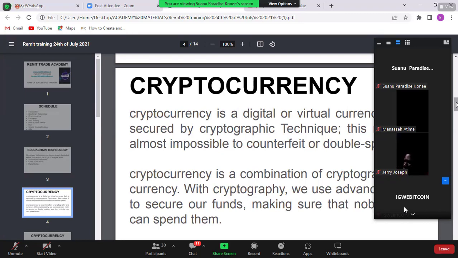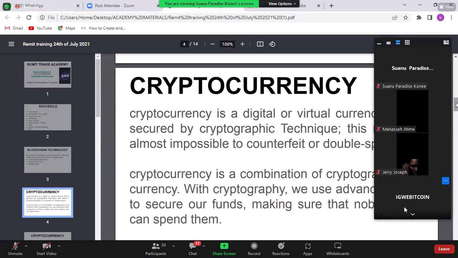So the coming together of those two words forms cryptocurrency. This makes it almost impossible to counterfeit or double spend.